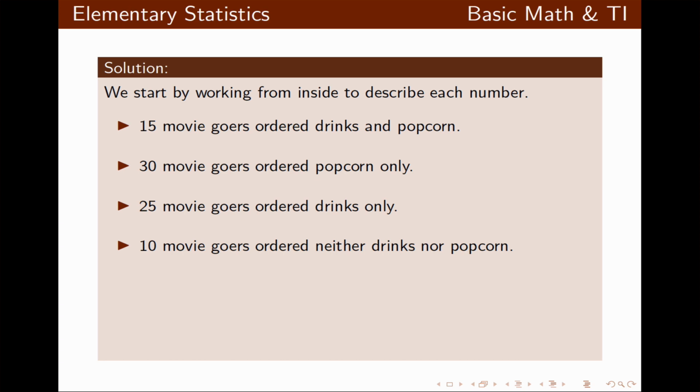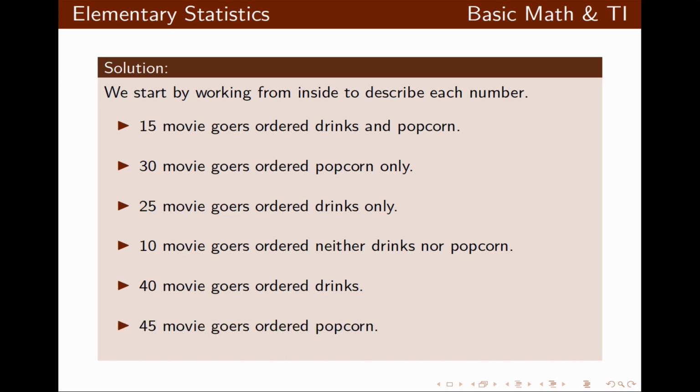They were not in the circles. 40 total people ordered drinks, and 45 total people ordered popcorn.